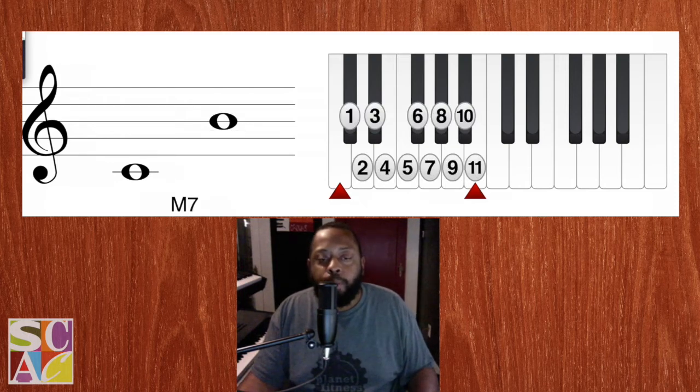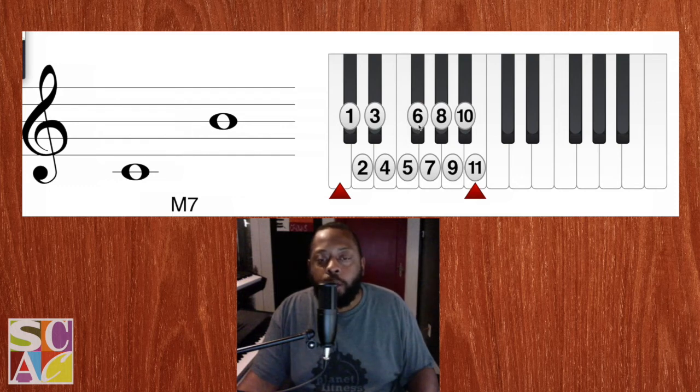Let's go to the major seventh. It consists of 11 half steps. Let's go to the keyboard. From C to C sharp is 1. C sharp to D is 2. D to D sharp is 3. D sharp to E is 4. E to F is 5.